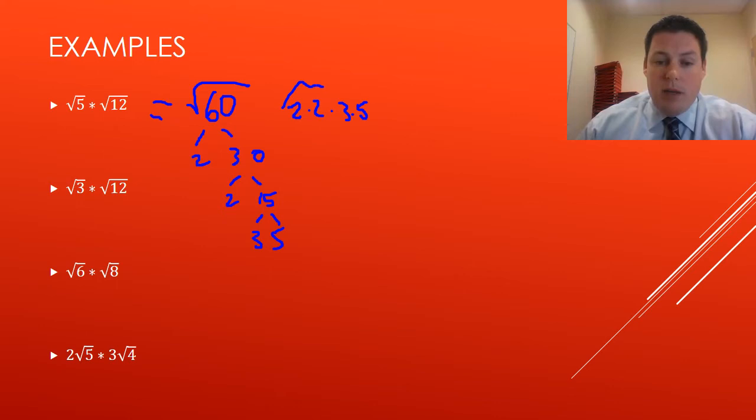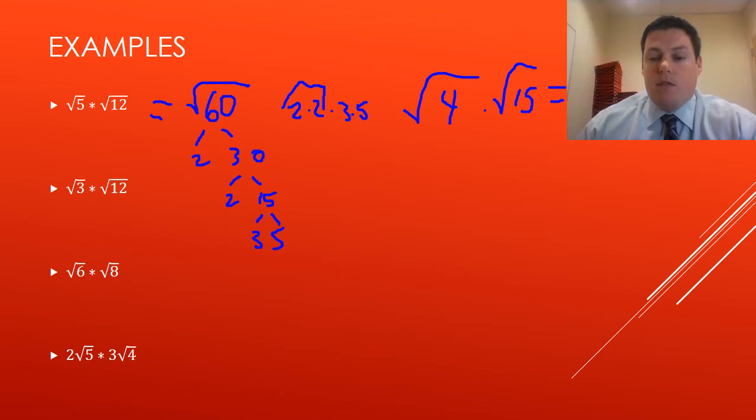I only have one pair. That must mean it's the square root of 4. 4 times what gives us 60? The square root of 15. So I get 2 root 15. That's my simplified radical. That's as simple as that radical gets.